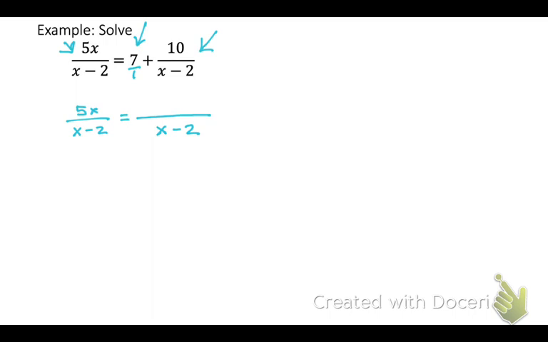What do I need to multiply 7 by? X minus 2, which gives me 7x minus 14, plus 10, because I already have common denominators.